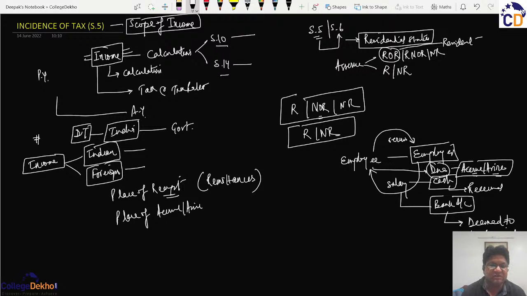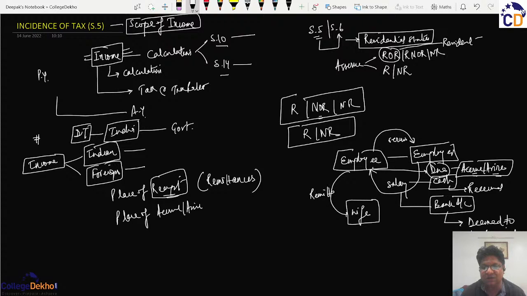So when we will use this word receipt, it includes both the direct received and the deemed to be received. But if you receive this salary and you give this salary to your wife, so the whole salary is being received by your wife from you, then this is not received, then we can say that this is remittance.